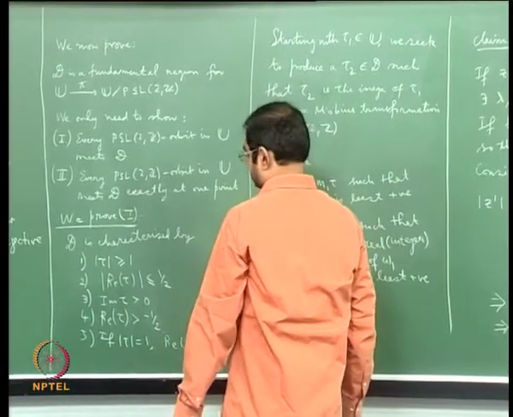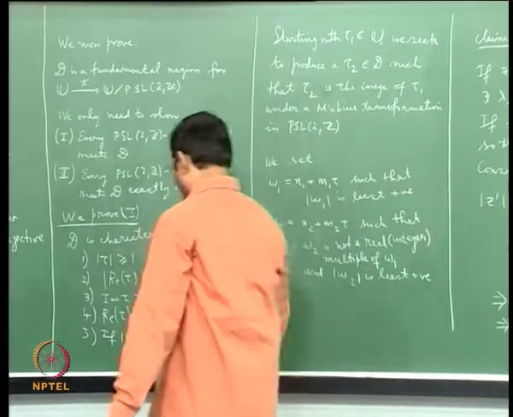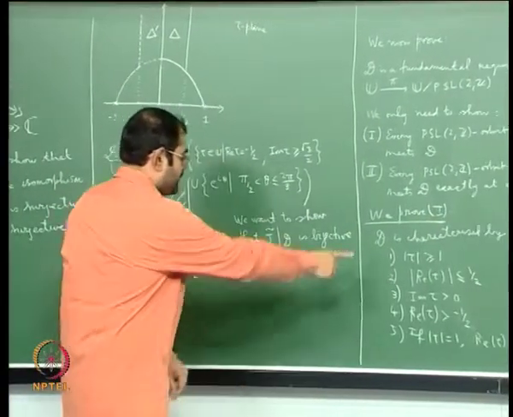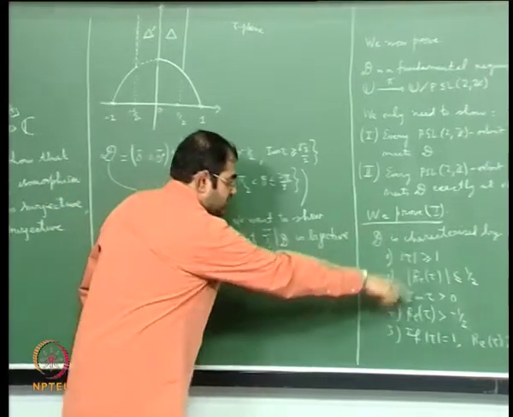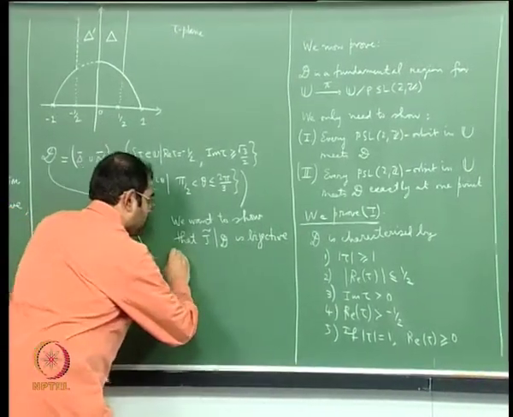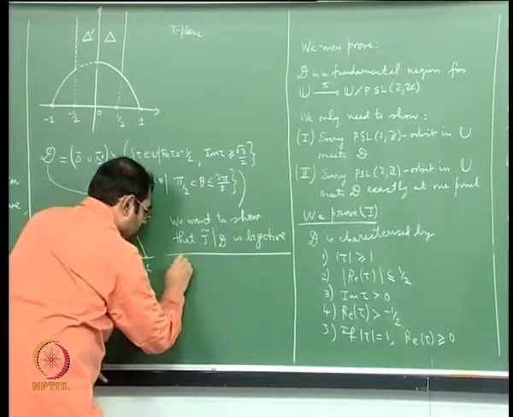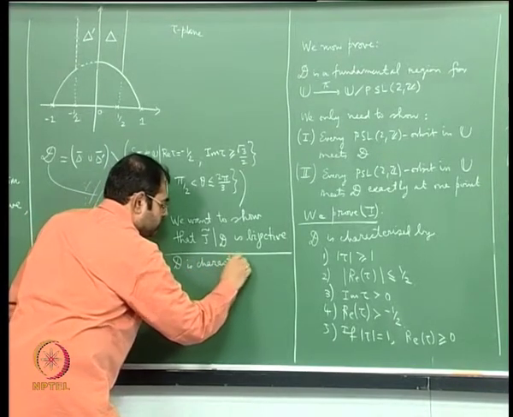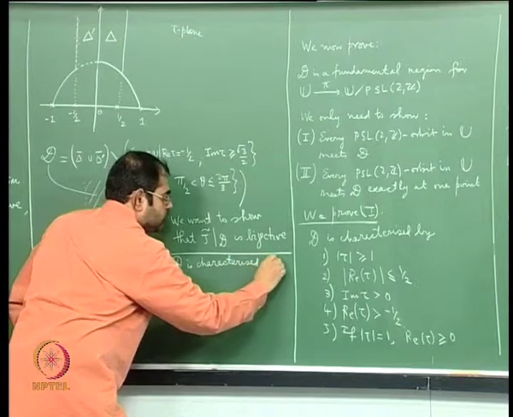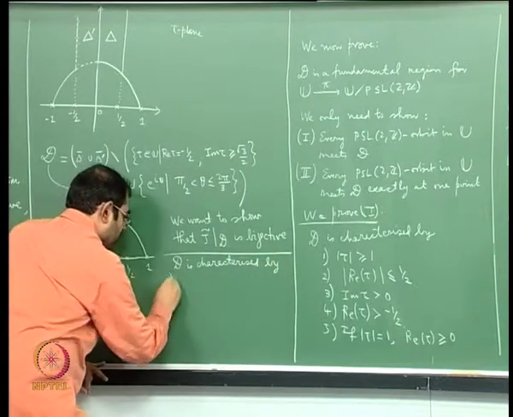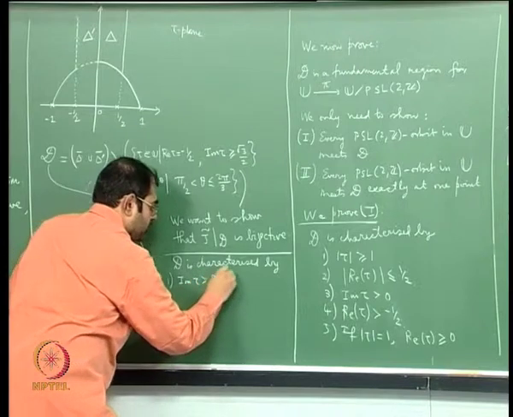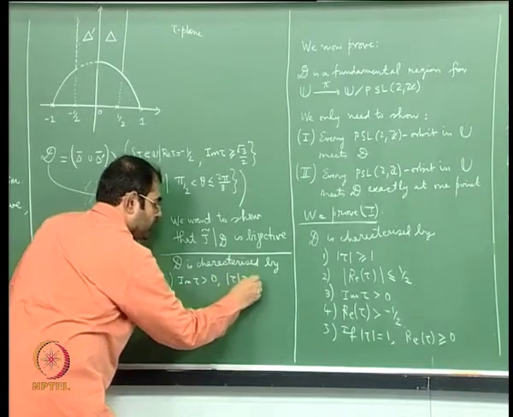Keep that in mind, and I'll do something so that I can use it for reference later. Let me move all these conditions here. D is characterized by number 1, the imaginary part of τ is positive, |τ| is greater than or equal to 1.